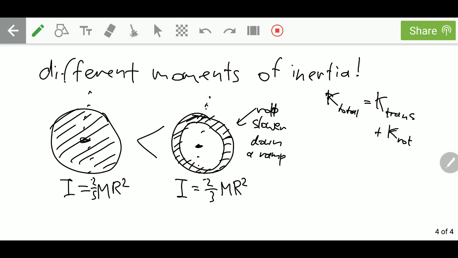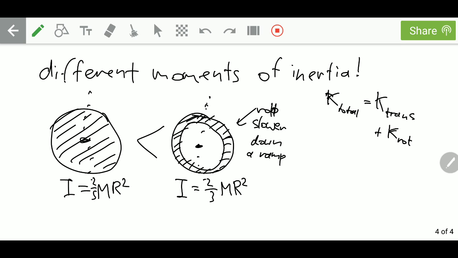The translational kinetic energy is as if the object were shifting, from the motion of the center of mass, and the rotational kinetic energy comes from the motion of the object around the center of mass. So really the motion in the center of mass frame, in which it would look as though it's just rotating without moving.